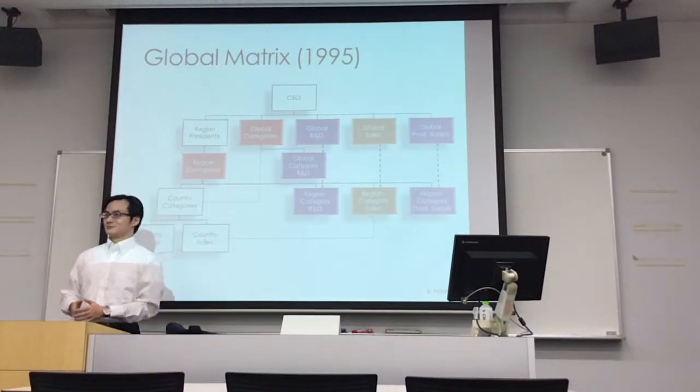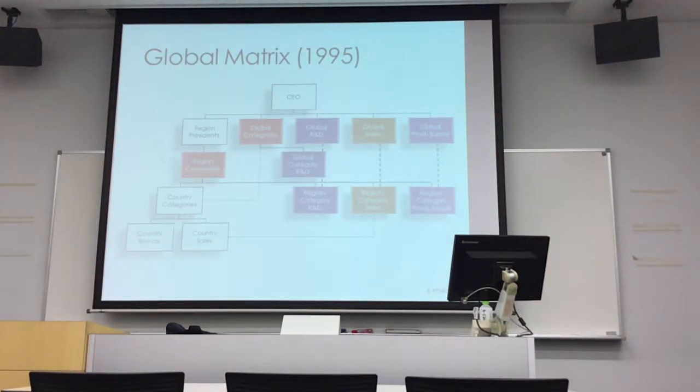I actually used to work for a company that supplies stainless chemicals to P&G, and we had the exact same structure. The idea was that we want to follow the same structure as our customers so that it's easier to collaborate.